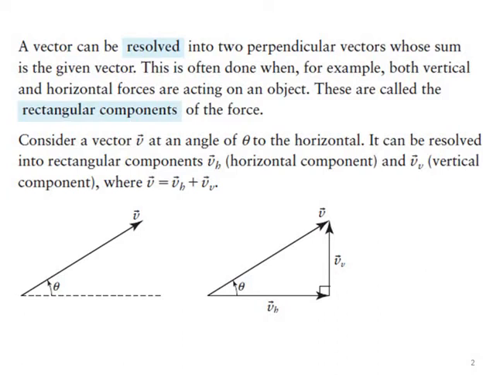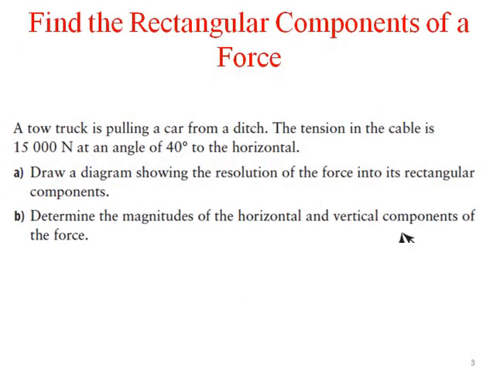For example, here we have v vector, and we can break it into horizontal component and vertical component. So vector v at an angle of theta to the horizontal can be resolved into rectangular components, which is vh as horizontal component and vv as vertical component, where v equals vh plus vv.